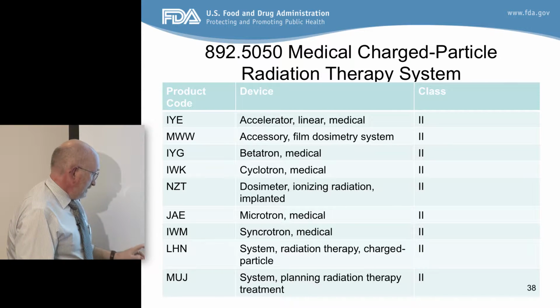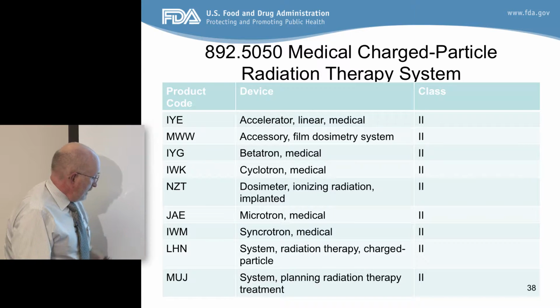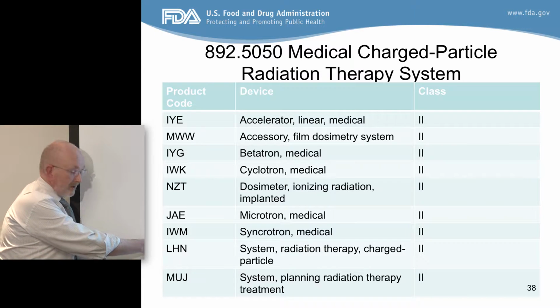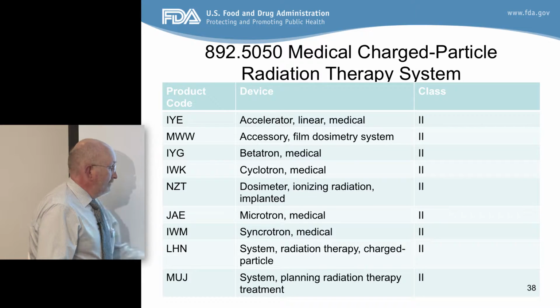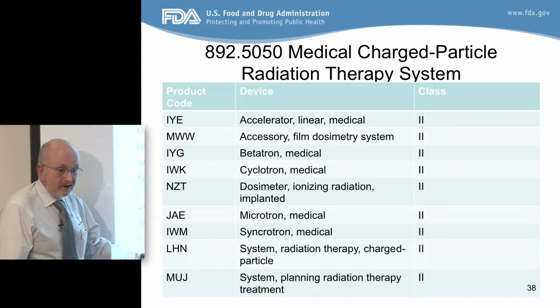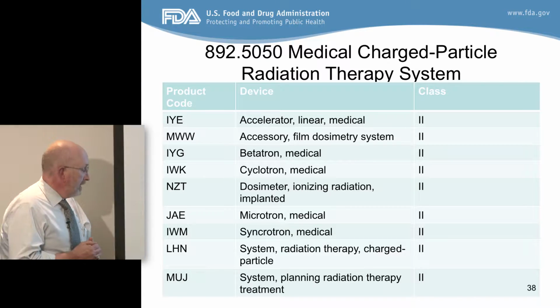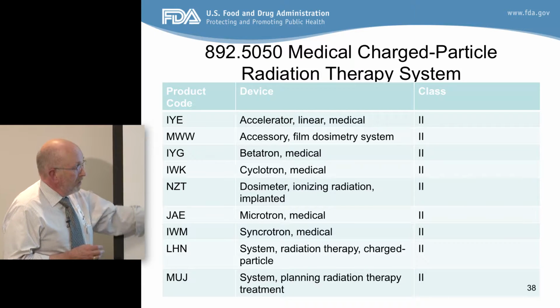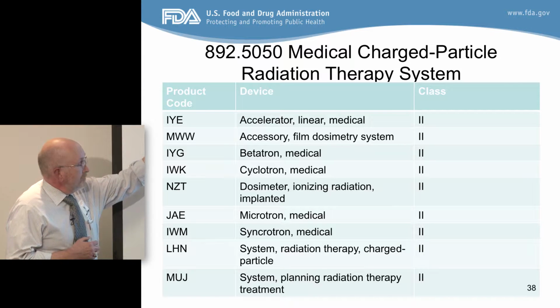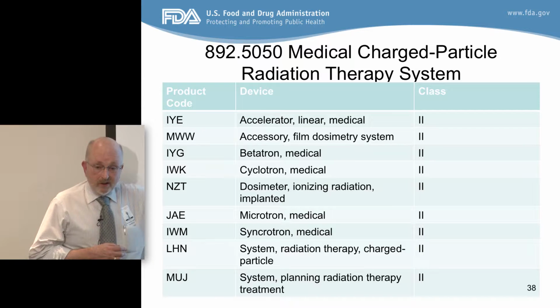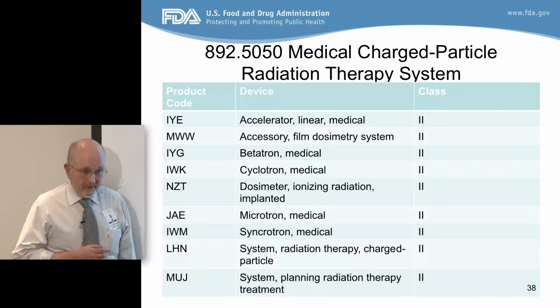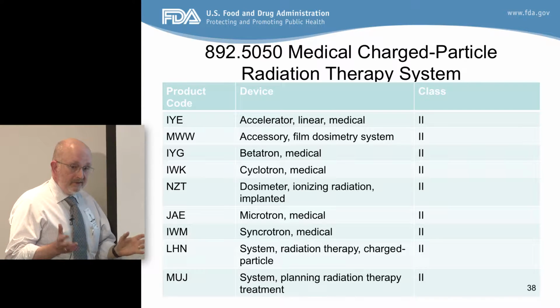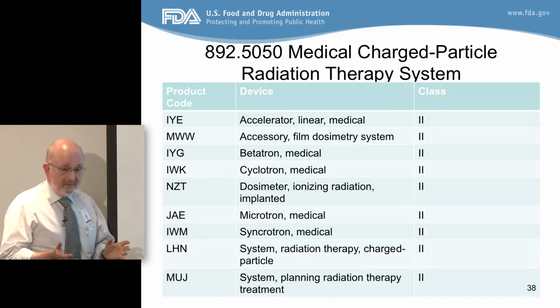The other one that is high on everybody's list right now, LNH, radiation therapy for charged particles. So all of these are under 892.5050, and they're all class 2. They're all regulated through the 510K process.